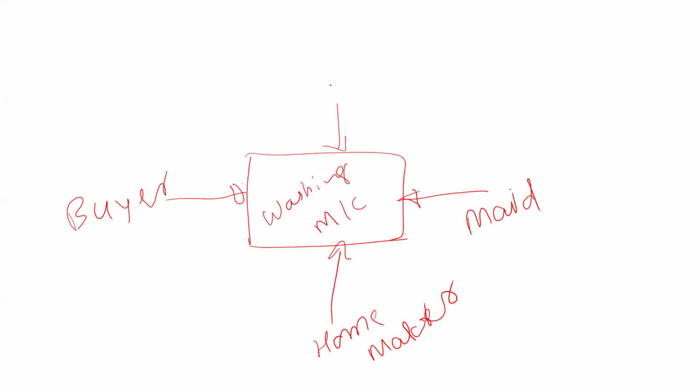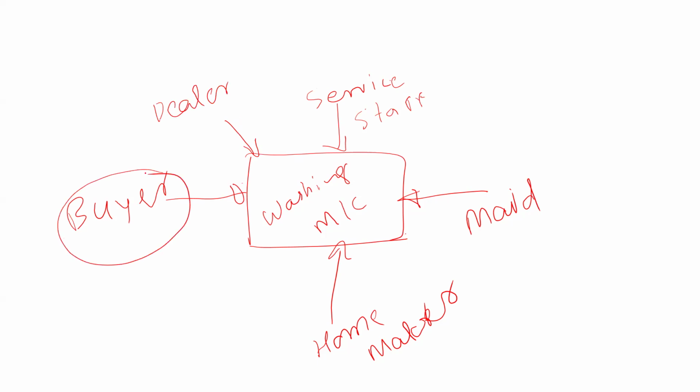Then there's the maid, and then here is the service station. Sir, there is a fancy word for maid too, domestic help. Yes, domestic help, correct. So the service staff who does the servicing, then there would be one more actor here, called the dealer. So in a washing machine design, these are all the actors. Now remember, the buyer will have his own expectations related to cost.